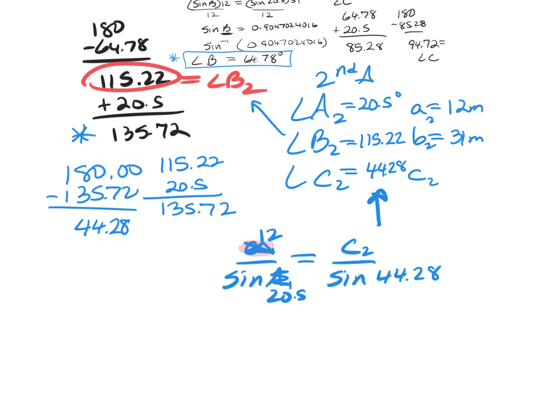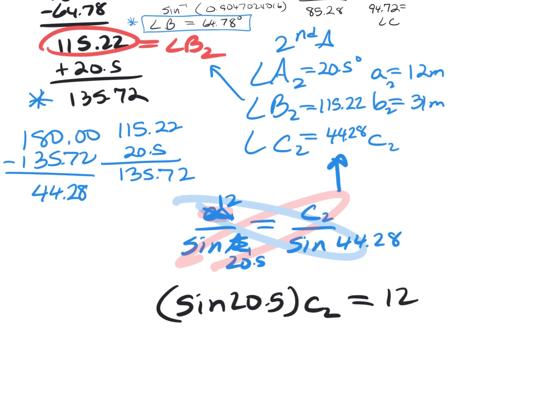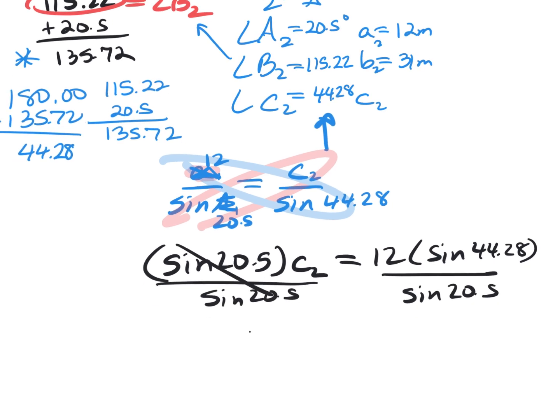So now I'll cross multiply, and I get the sine of 20.5 times that second side length C, and then 12 times the sine of 44.28. Divide both sides by the sine of 20.5. And then I get the side length of C from my second triangle to be 23.922, so 23.92, and these are meters.